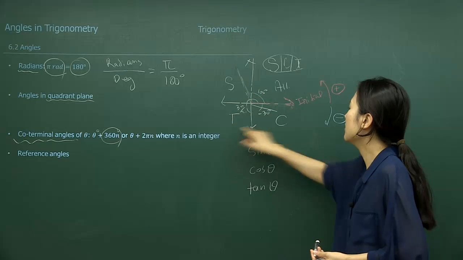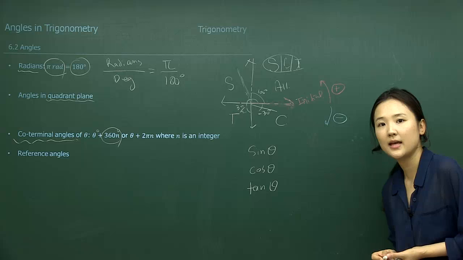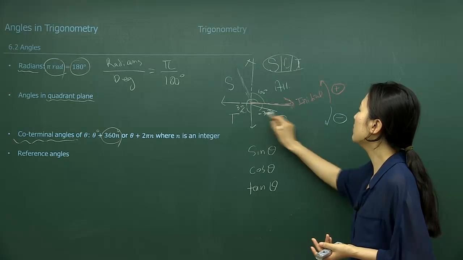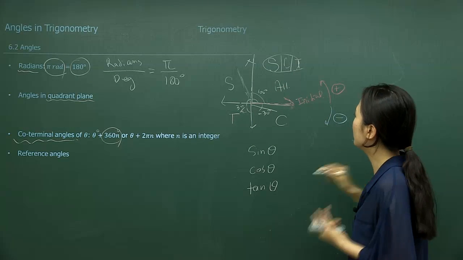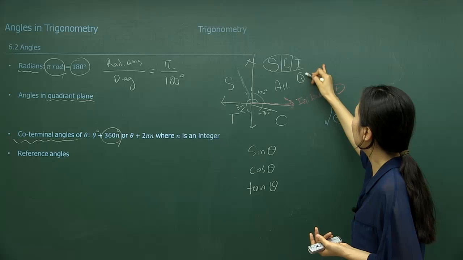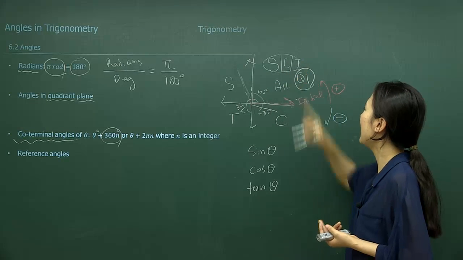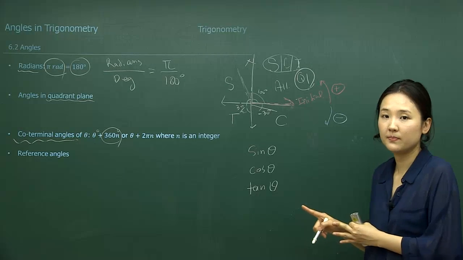And this shows when and what stays positive. If your angle lies between 0 and half pi, which we call quadrant 1, then sine, cosine, and tangent of that angle are all positive.